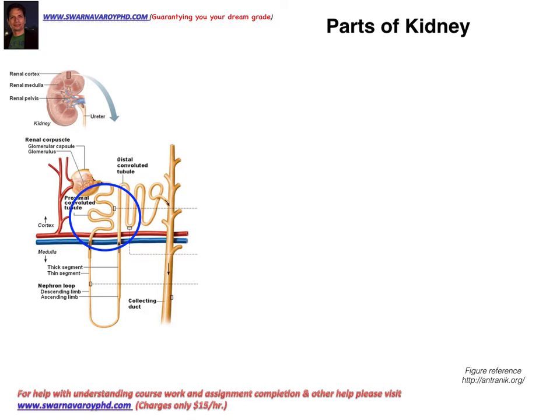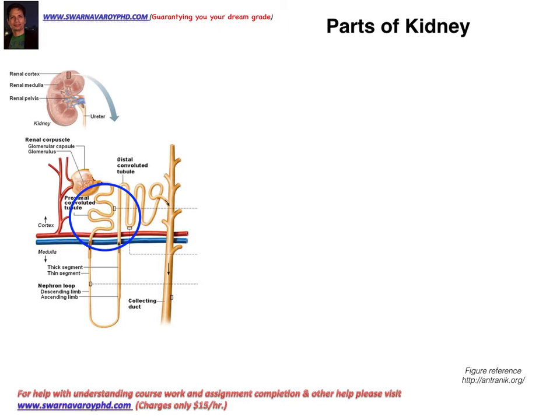As you can see, this blue circle is the proximal convoluted tubule, which we are going to talk about here. The first part is this Bowman's capsule, and the Bowman's capsule has a tuft of blood capillaries, and this is known as the glomerulus.